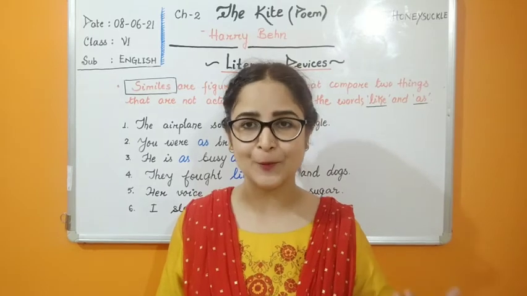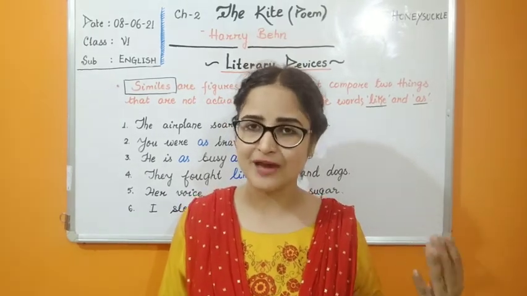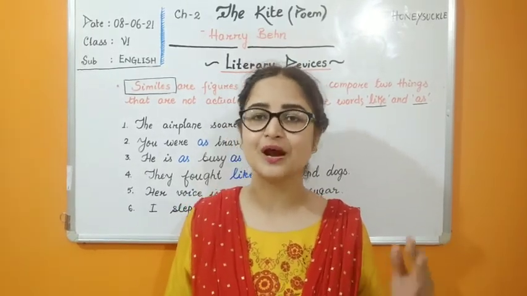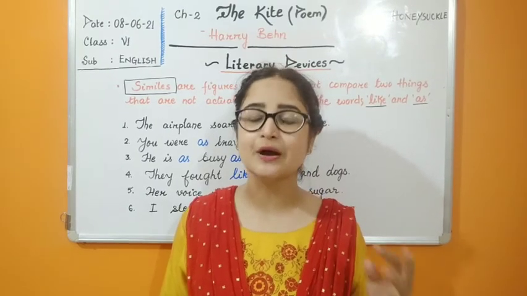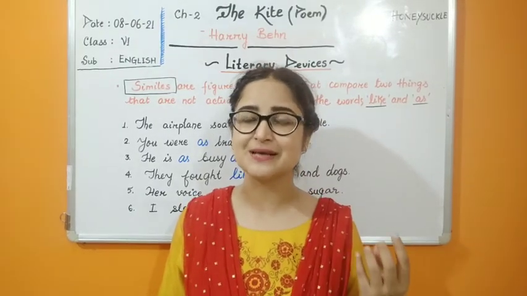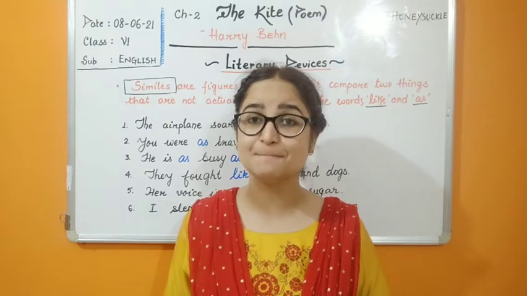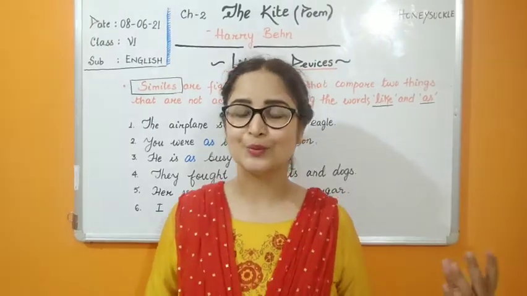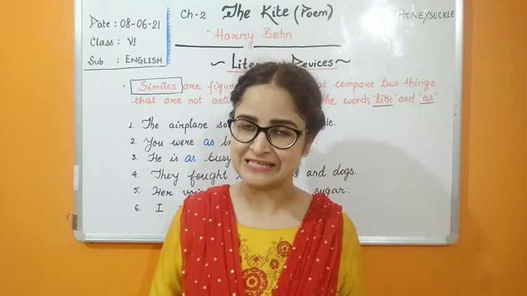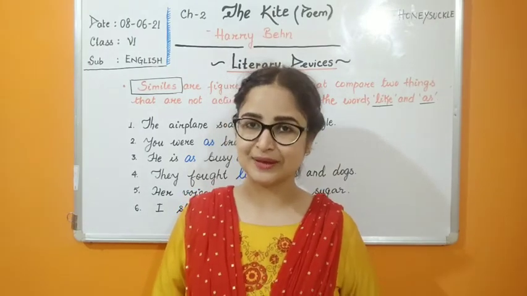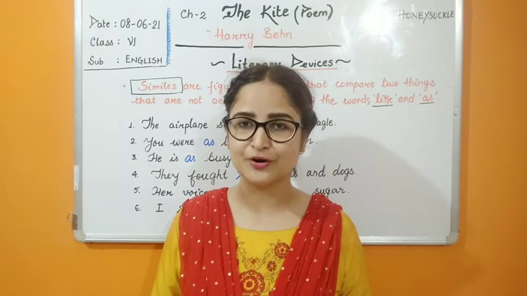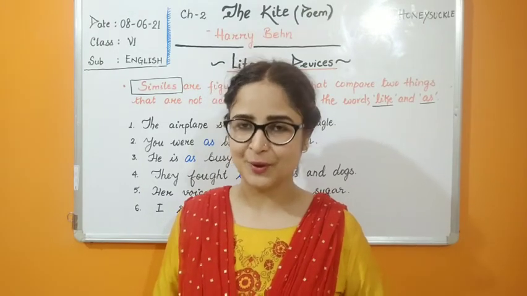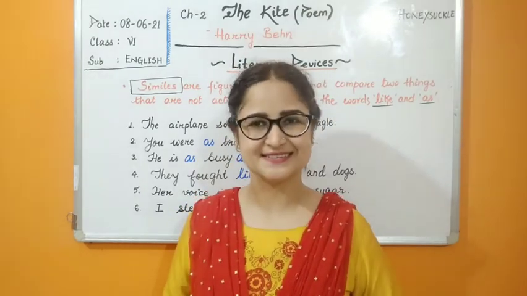We learned about these two in our previous video lesson, but I thought you need some more examples to get a better understanding of these two concepts. We will be learning about them in detail, and also the meanings of the words that are there in the poem. So let's get started.